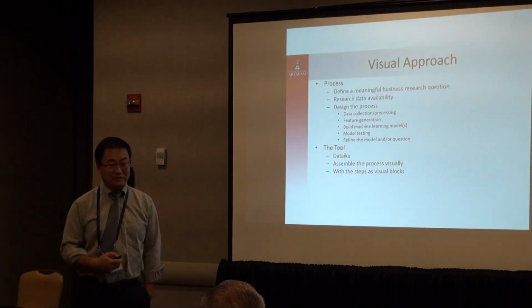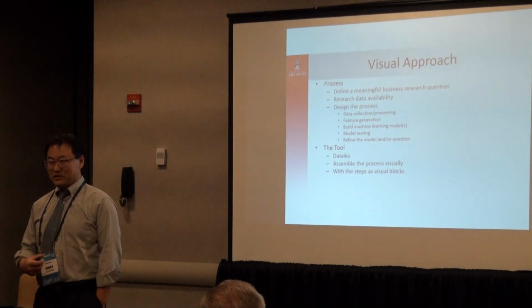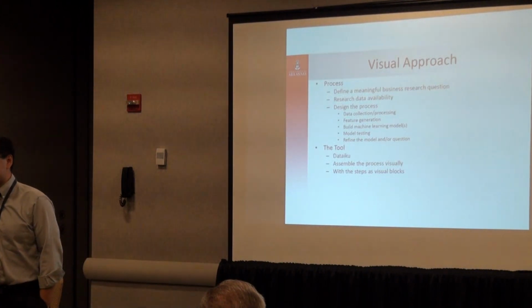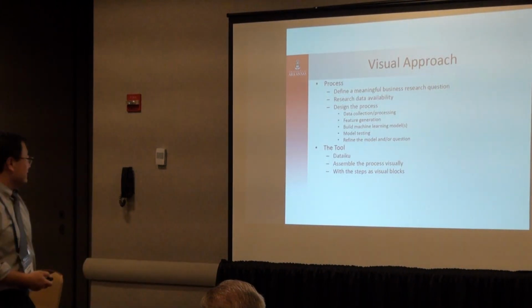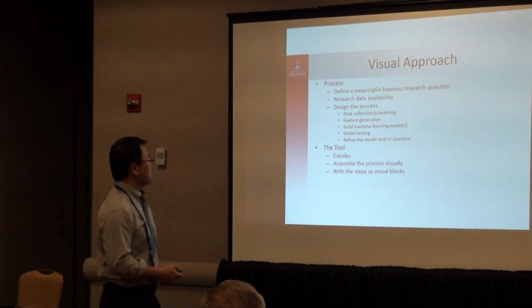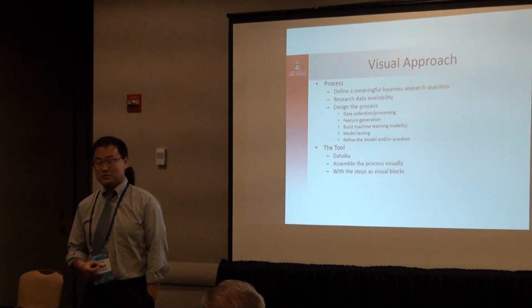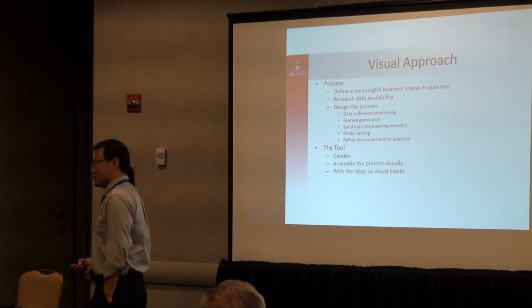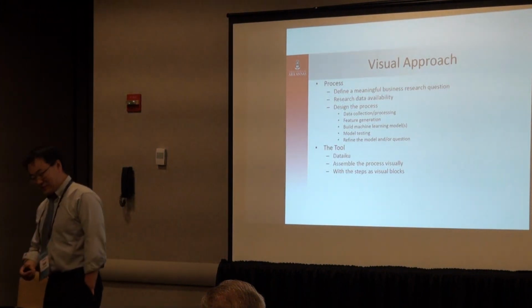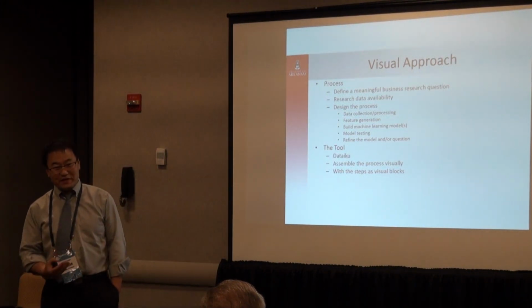But even though we go through the process with these visual cues, the internal process is no different from traditional data analysis and machine learning. Okay, define the question, collect the data, process it.